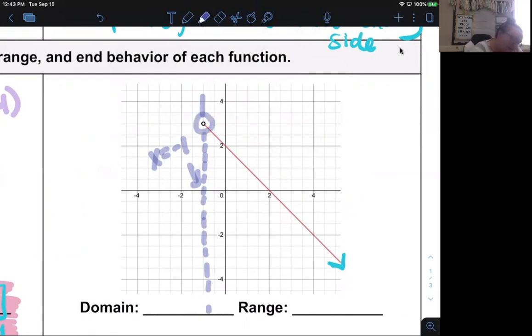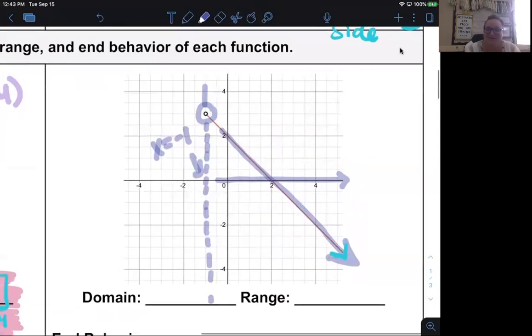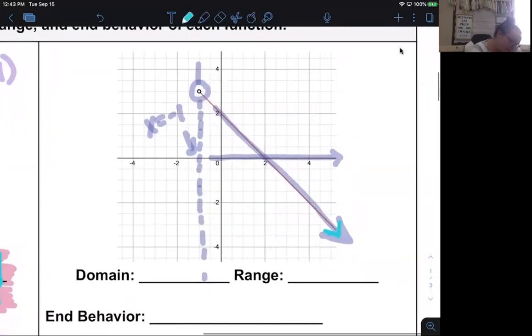And then as our x values increase, this line extends forever. So we know that we're headed towards positive infinity for our x value. So for our domain, we start at -1 and head towards positive infinity. And I use parentheses because -1 is not included. We approach it, but we never reach it, and same for infinity.